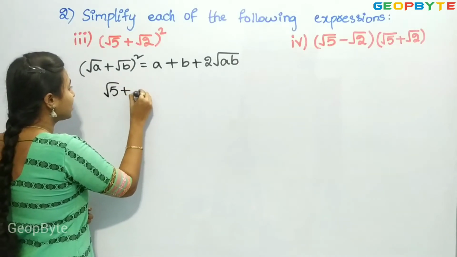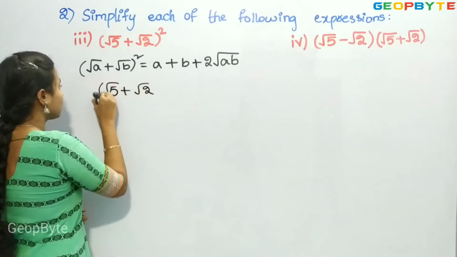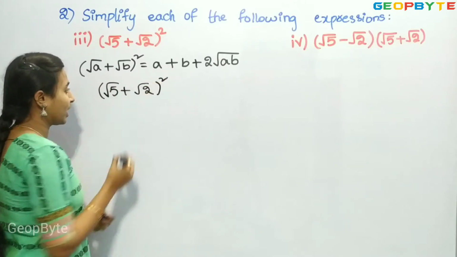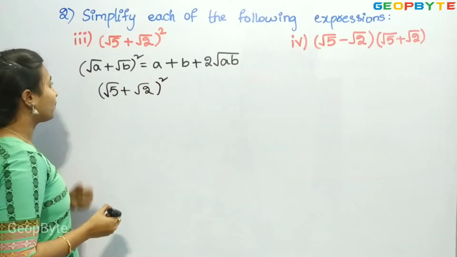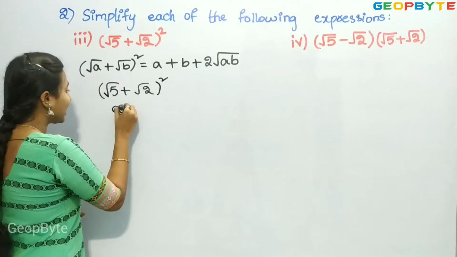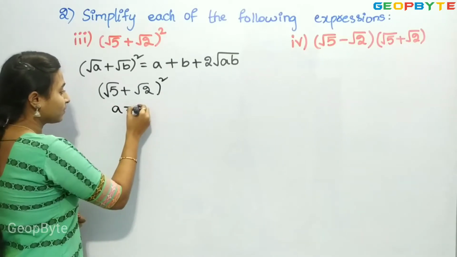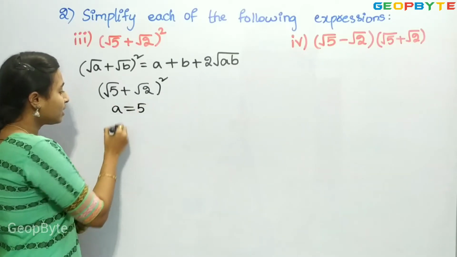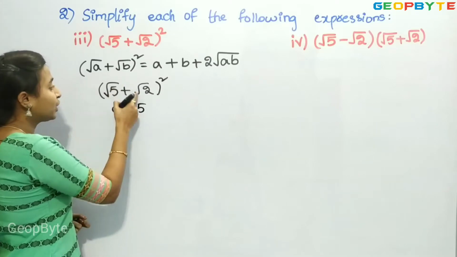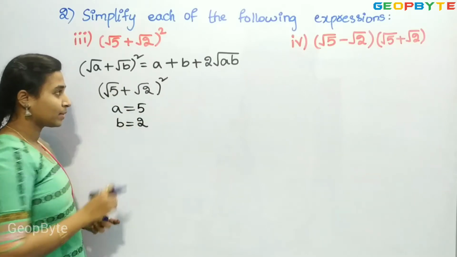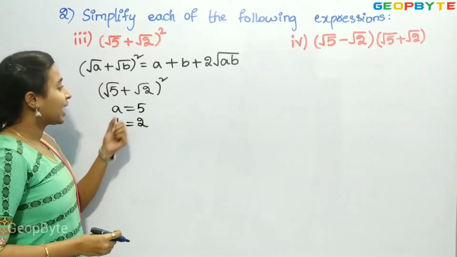Now here let us see the question: (root 5 plus root 2) whole square. When we compare to this, we will get a as 5 and b as 2. Now let us substitute a and b.